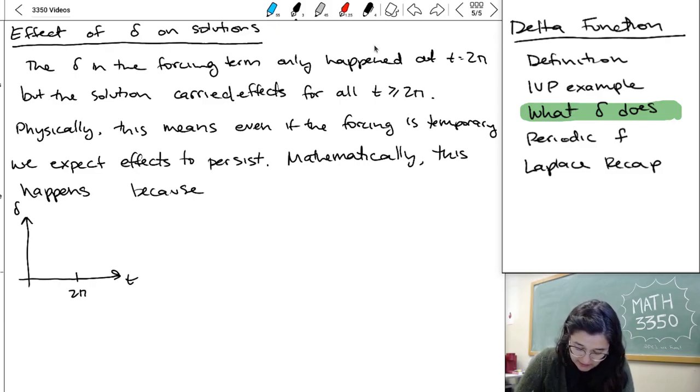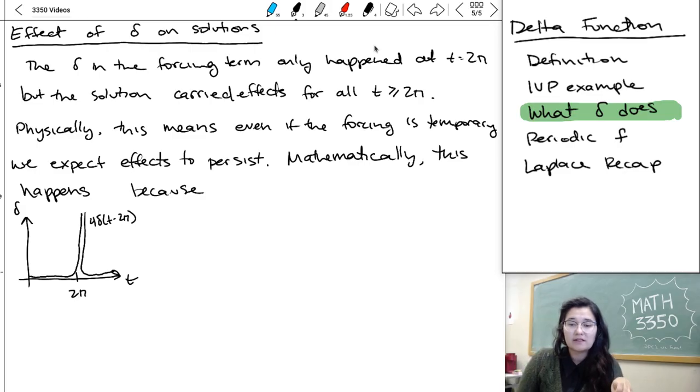So our delta looks like this. Where delta t minus 2 pi was our forcing term, and it happened at 2 pi and no other time. You can't tell that from the way I drew it because I'm bad at drawing, but we're just going to live with the imagination that it looks nice enough to convince you of that.